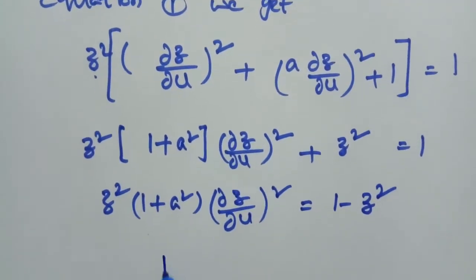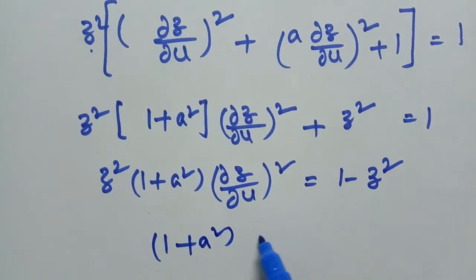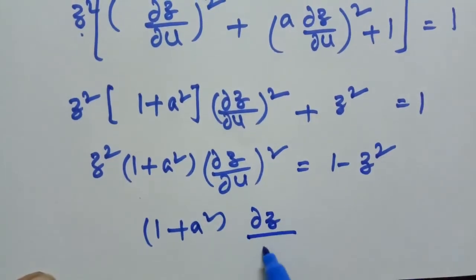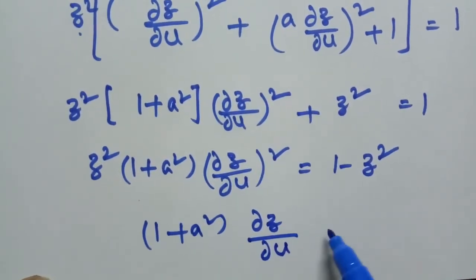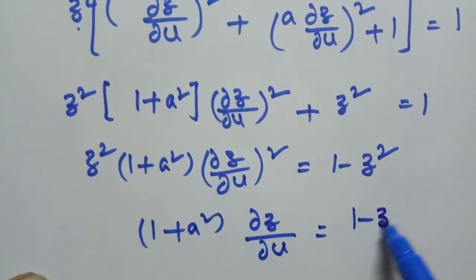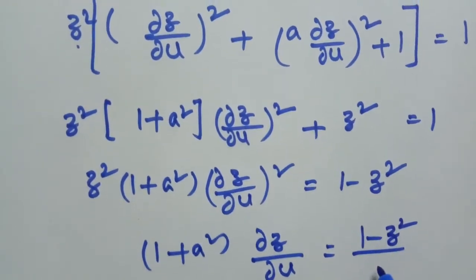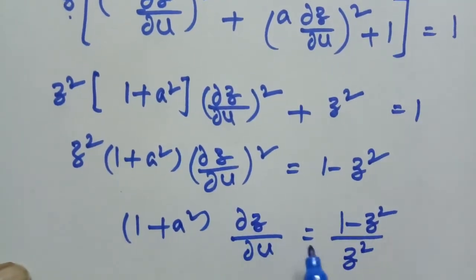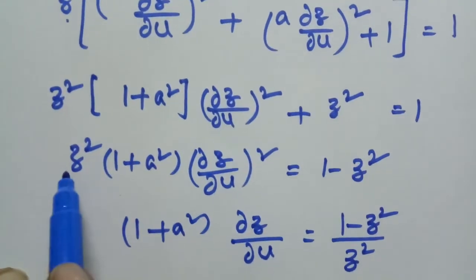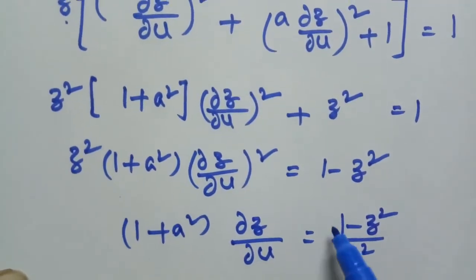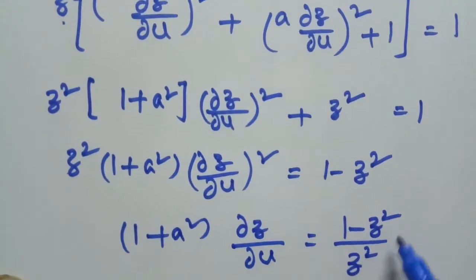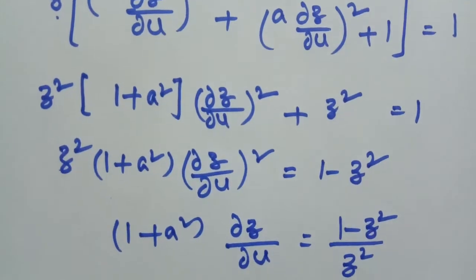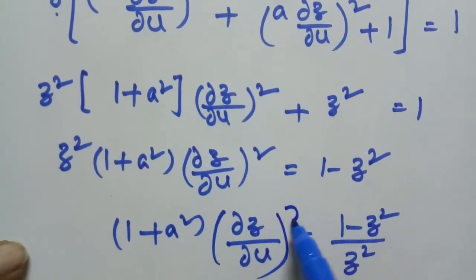Again, this can be written as 1 plus a square into dou z by dou u whole square is equal to 1 minus z square by z square, by cross multiplication, writing this z square on the right hand side.